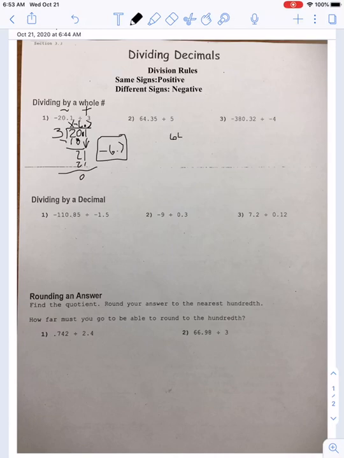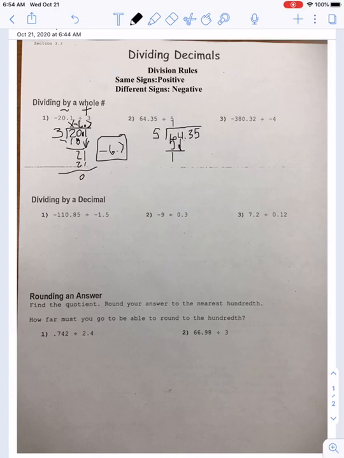So 64.35 is what goes under the divisor. 5, the second number, goes outside of it. So then we divide like normal. 5 can go into 6 one time. That leaves us with a remainder of 1.